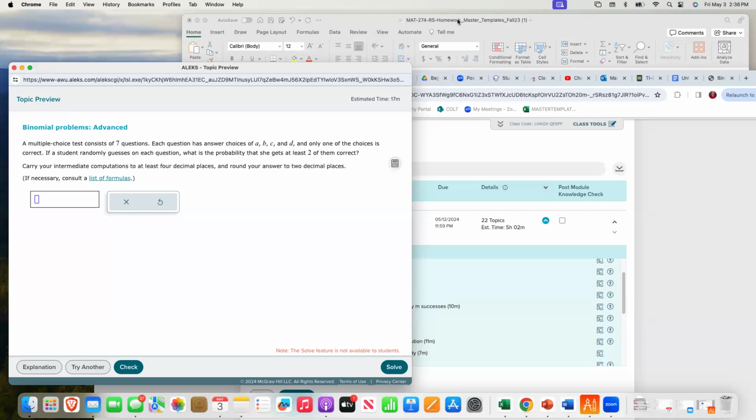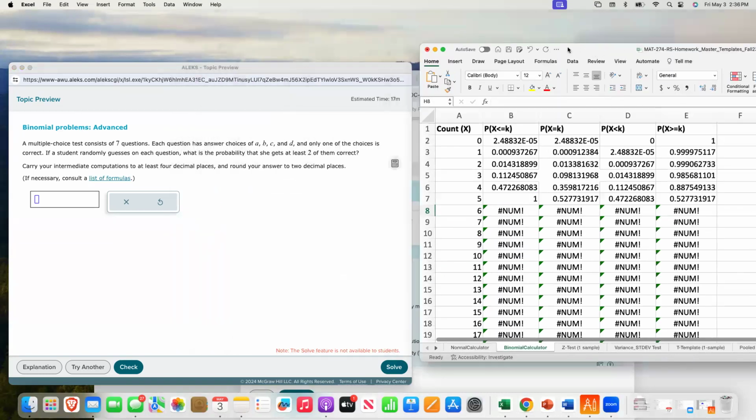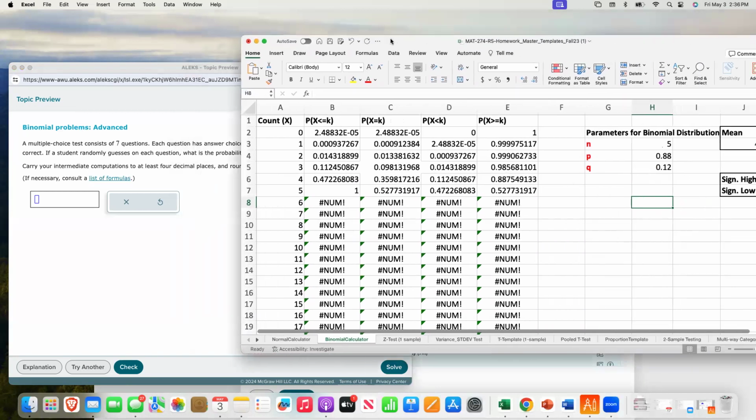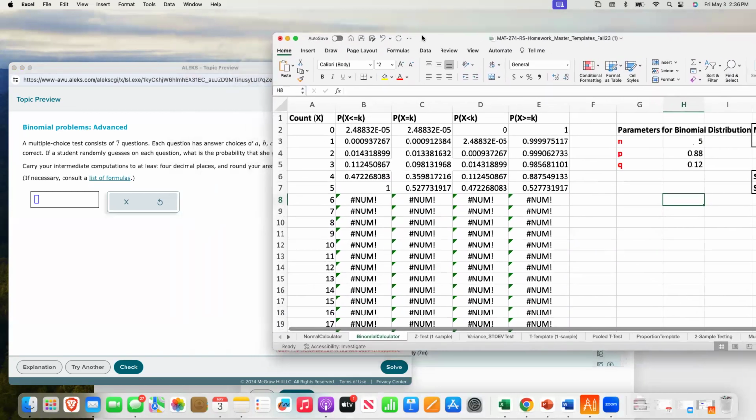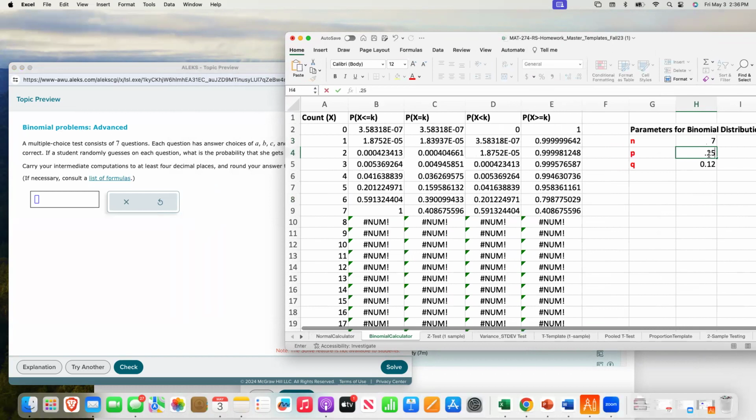So if I go to my spreadsheet here, I'm going to type this stuff in. We're not interested in the mean or standard deviation, so I'll keep that off the screen. We have 7 questions. The probability of a success is 0.25. You can see this goes all the way down to 7, and anything below 7 is going to be an error message.